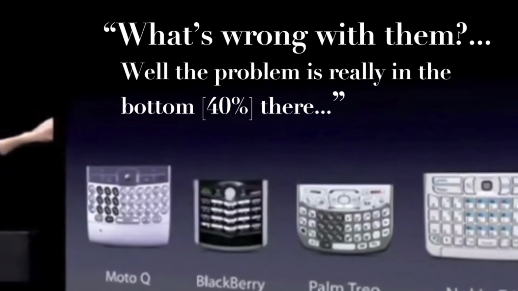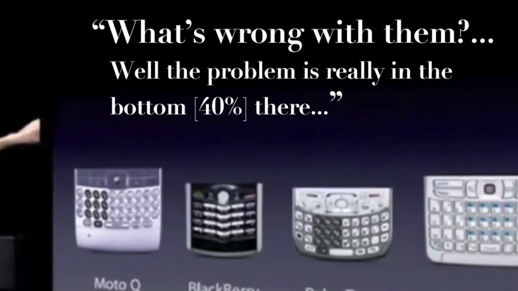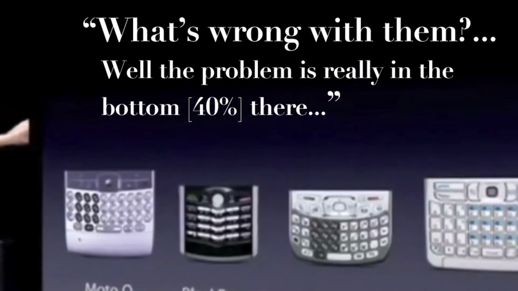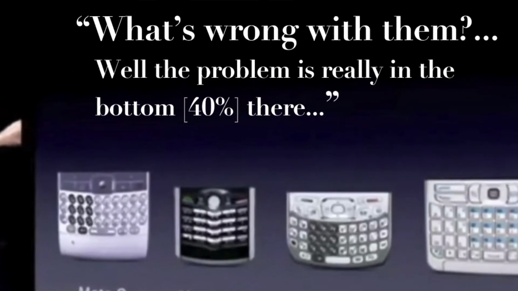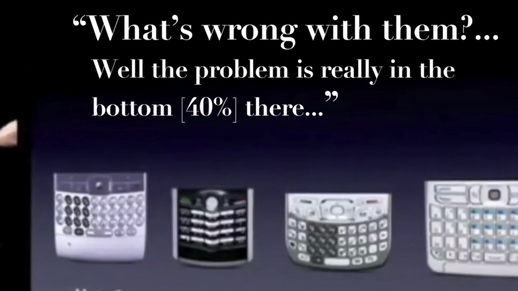He said it's in the lower 40% of these devices. It's not the screen, it's all the buttons. And of course the buttons were a myriad of them. So Steve Jobs tackled a different kind of problem. He was tackling the problem that the other companies were actually trying to build upon in advance.